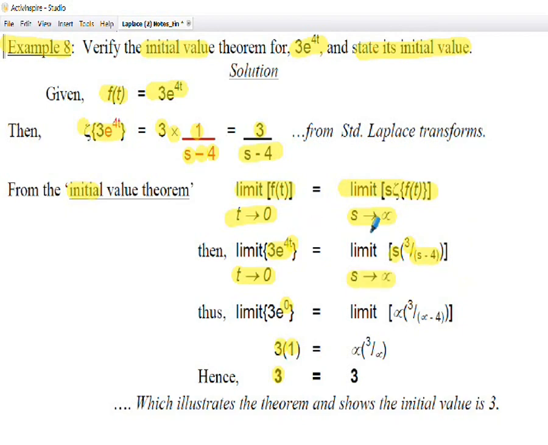So if you just look at the arithmetic here, basically we end up with infinity times 3 upon infinity take away 4, and again just think of infinity as being a really big number, so in effect that's really going to be infinity times 3 divided by infinity, because infinity take away 4 is still a really big number. So the infinities effectively cancel on the right hand side and again give us 3. So we've shown that we can get the initial value from this theorem of 3.